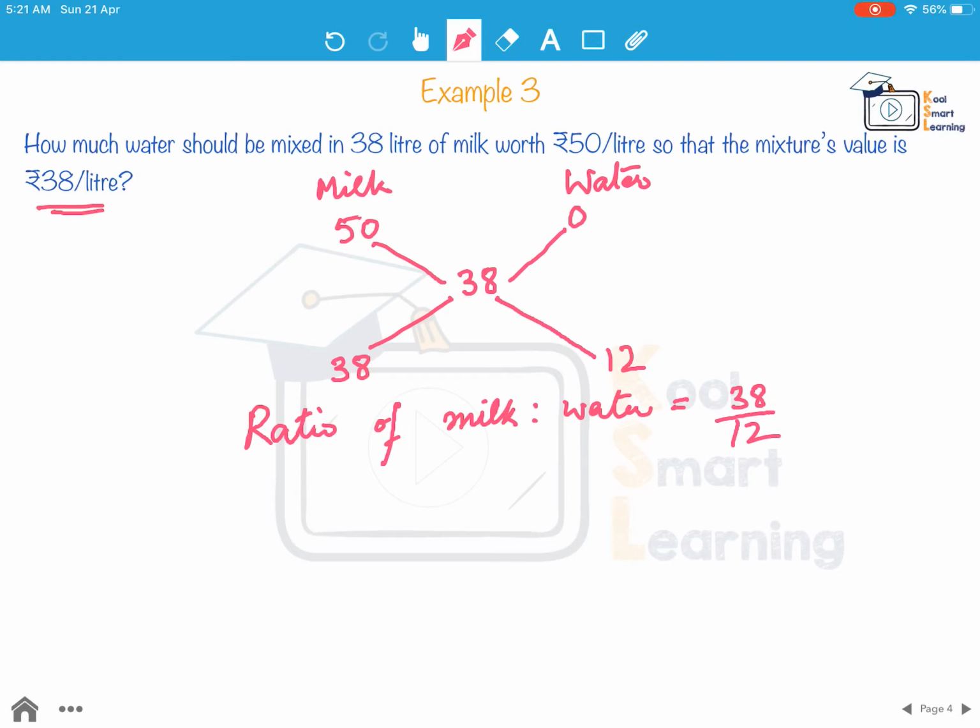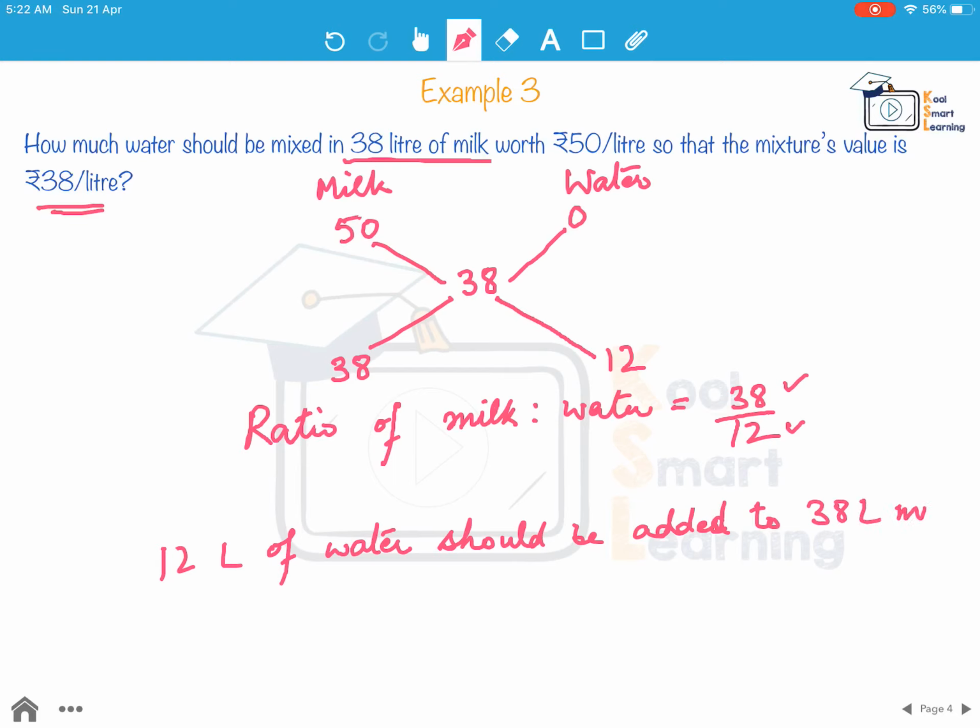So this would mean that we have 38 liter of milk and 12 liter of water added to it, and we have to find out just that, how much water should be added. So 12 liter of water should be added to 38 liter milk to get this mixture value at 38 rupees per liter.